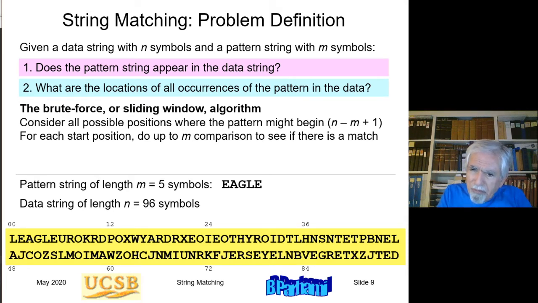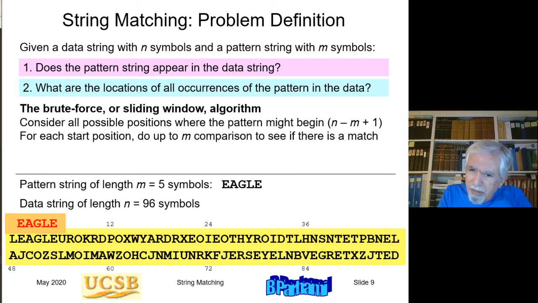So for example, suppose I'm looking for eagle. So does eagle exist in the string beginning with the first position? So I do a comparison of E and L. They don't match. So the answer is no. Eagle does not start in the first position.